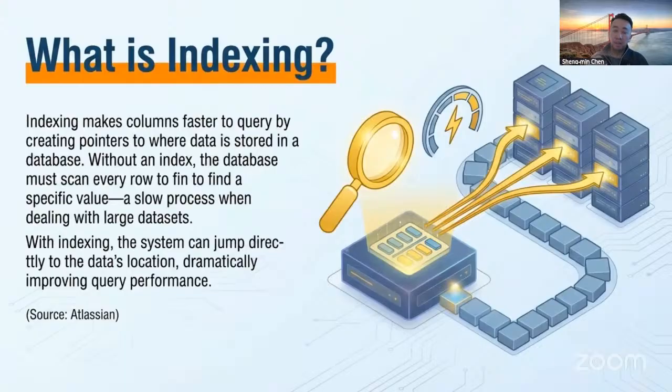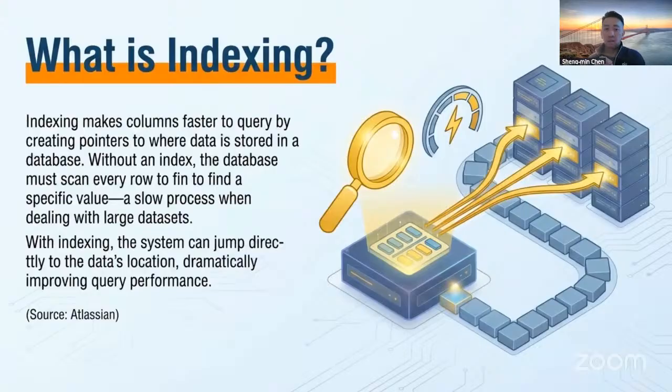It gets sped up because these indexes get stored in another set of structures so that the database can have quick access to these columns, therefore speeding up querying, filtering, or joining on these columns.